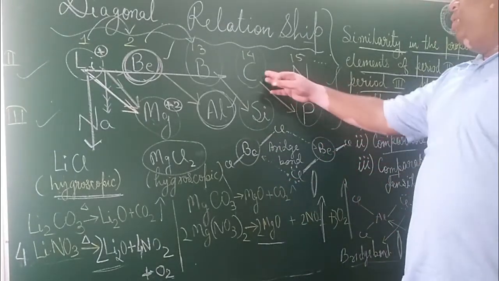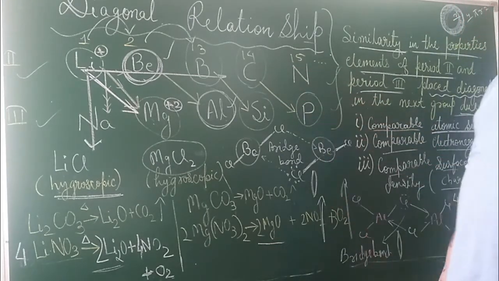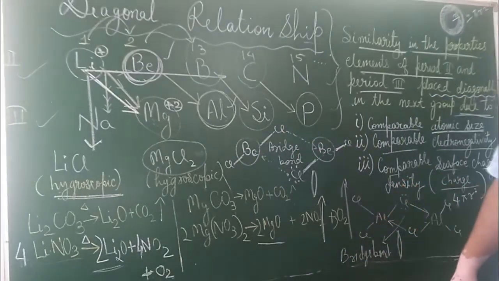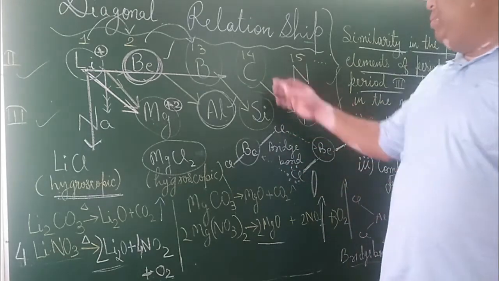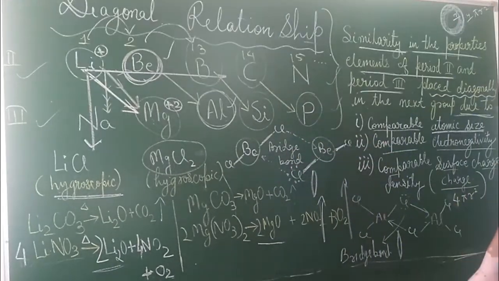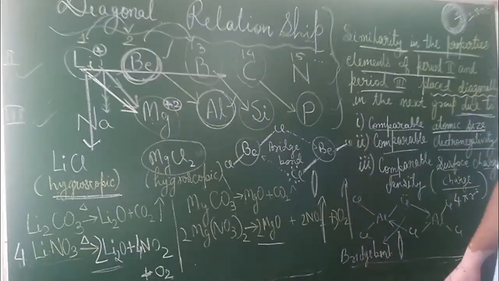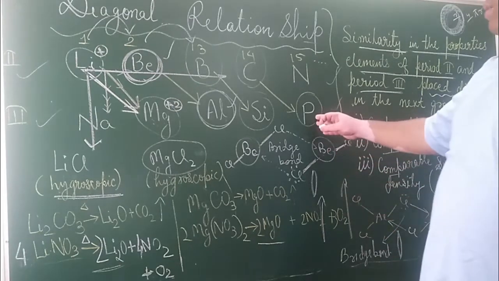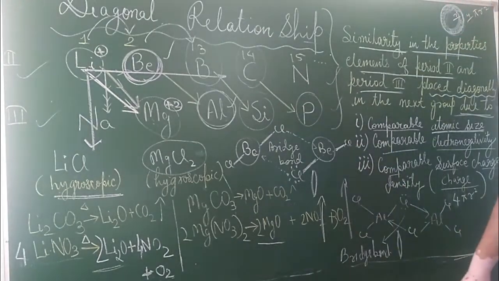Carbon and phosphorus both show catenation, although phosphorus shows catenation only to some extent, that is P4, whereas carbon shows long chain catenation. There are many other similarities too, like phosphate forms phosphoric acid, and carbonate forms carbonic acid, and so on.